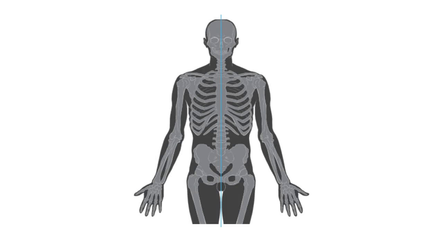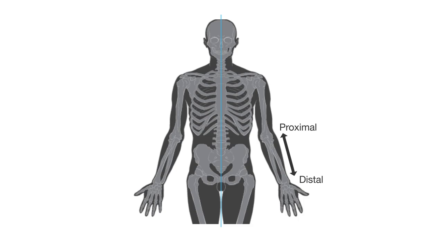There are other sets of terms that we use in specific circumstances. The term proximal represents things which are closer to the midline, and distal is used to describe things which are further away from the midline or from the origin or beginning of something.